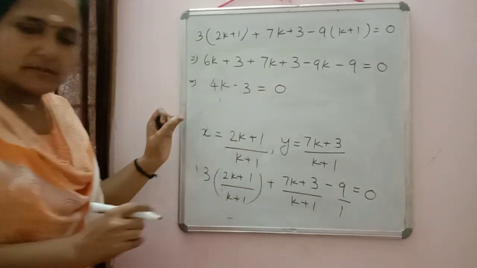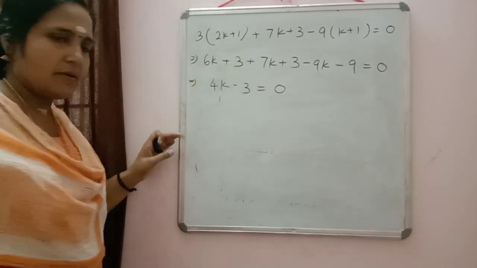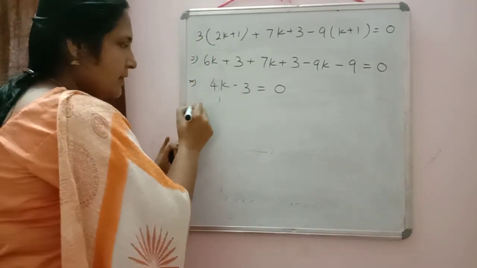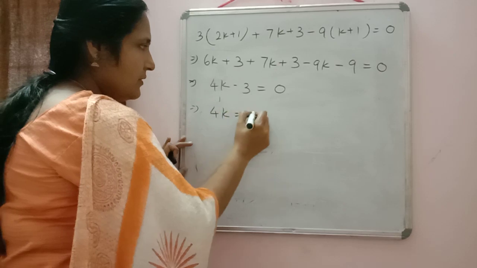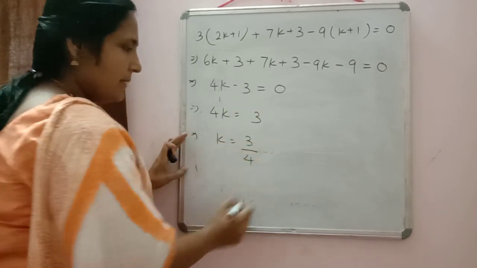So we get 4k - 3 = 0, or 4k = 3. Then we get k = 3/4.